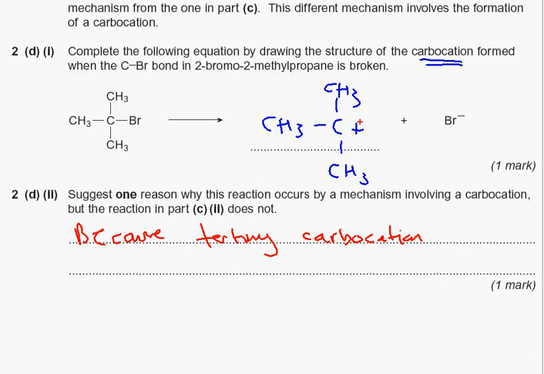Where we see this positive charge, on the carbon you've got 3 other carbons bonded to it. Each one is attached not to a hydrogen but to a carbon, stabilising that positive charge. So the tertiary carbocation is more stable.